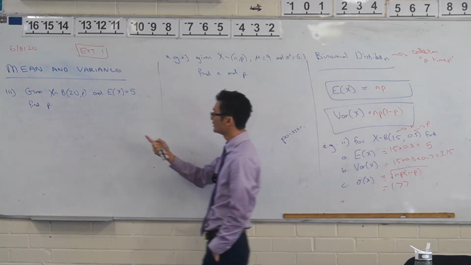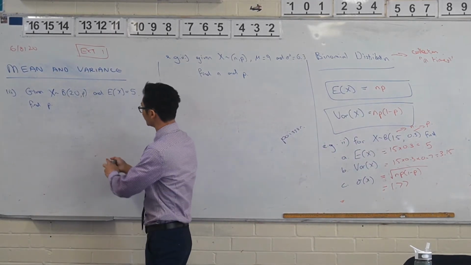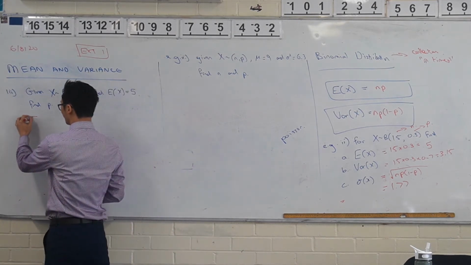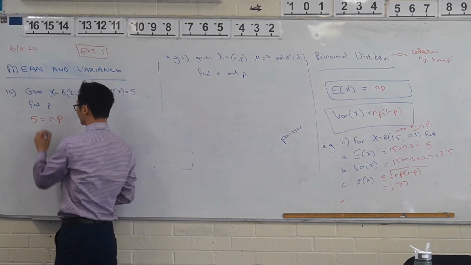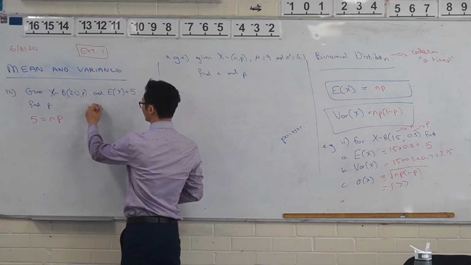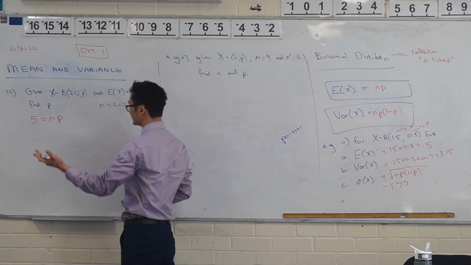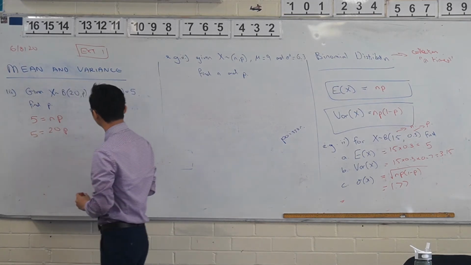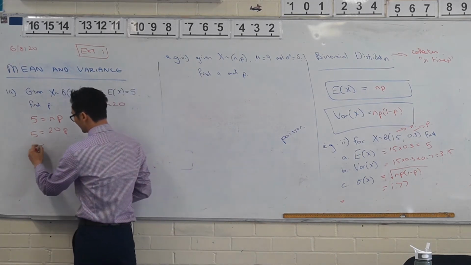Expected value, the average, right? And so here, what I can do is construct equations that relate to this, right? So we know that 5 is equal to np. And Joel, what is n in this case? n is 20. Good. So just being familiar with this notation. 5 is equal to 20p, so p would equal 1 over 4.